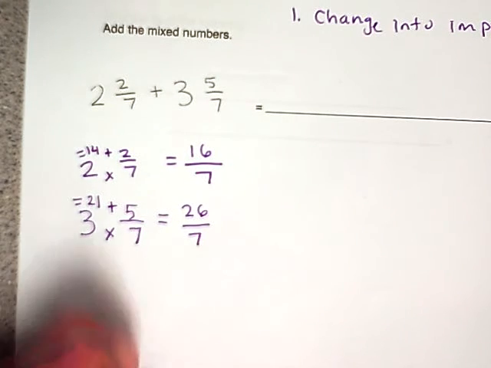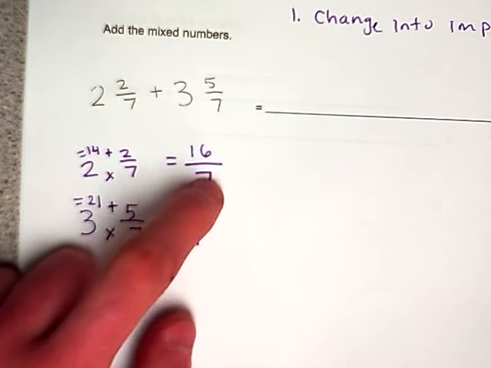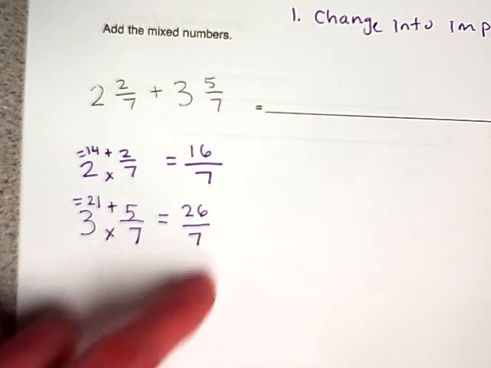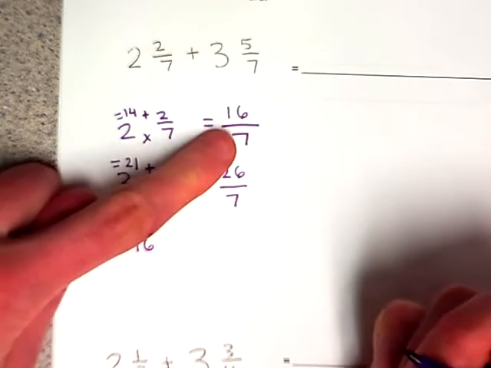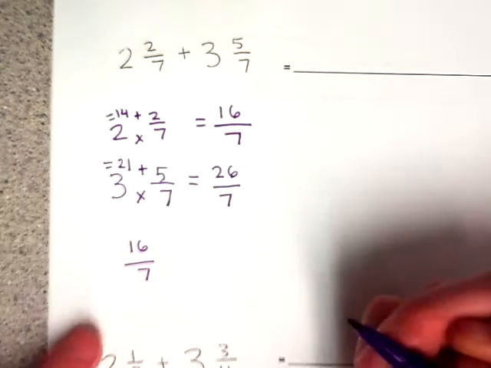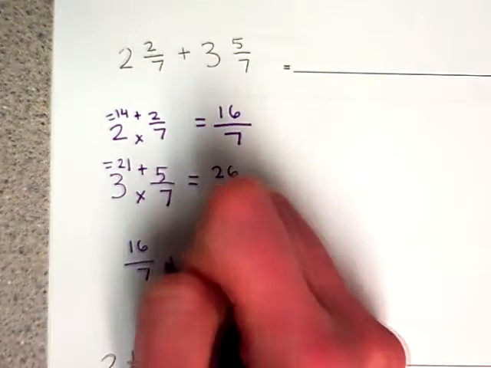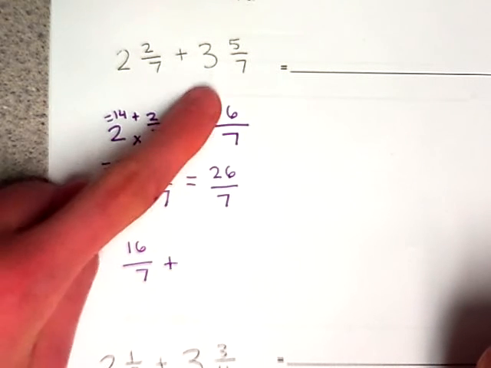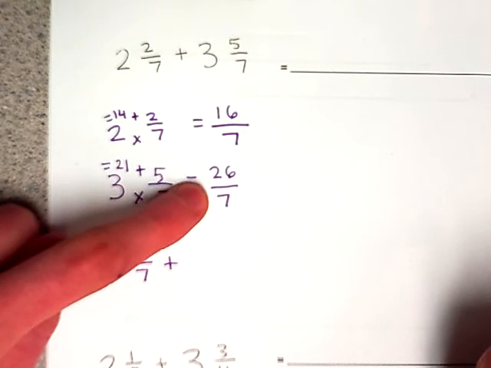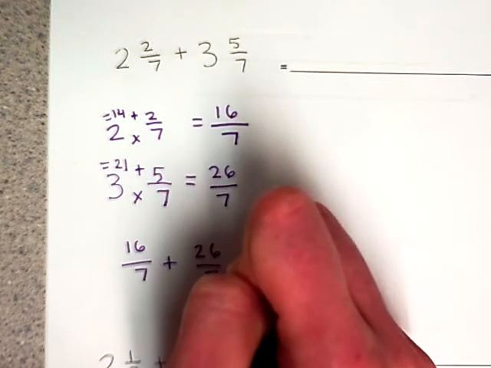So now I have my 2 mixed numbers written as improper fractions, and my last step is just to add them. So I'm going to rewrite 16 over 7, and I now have to add it with the addition sign, and then I'm going to write 3 5/7 as the improper fraction that I found, 26 over 7.